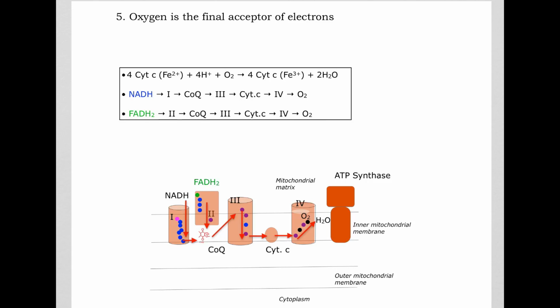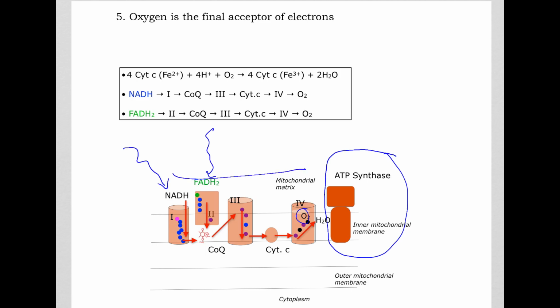Okay, so that's great. We now know that NADH and FADH2 can transport their electrons to oxygen through the electron transport chain. But now the very important question is, how does this flow of electrons to oxygen cause the synthesis of ATP?